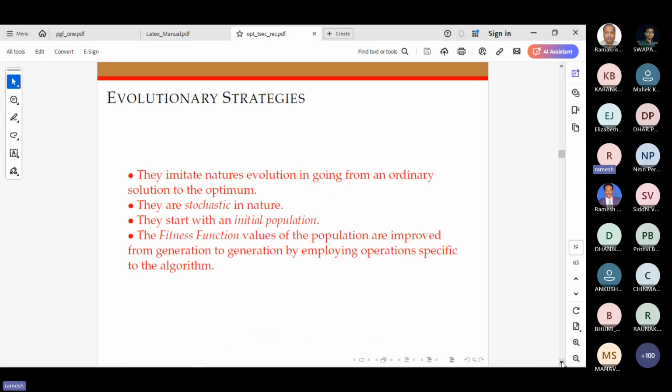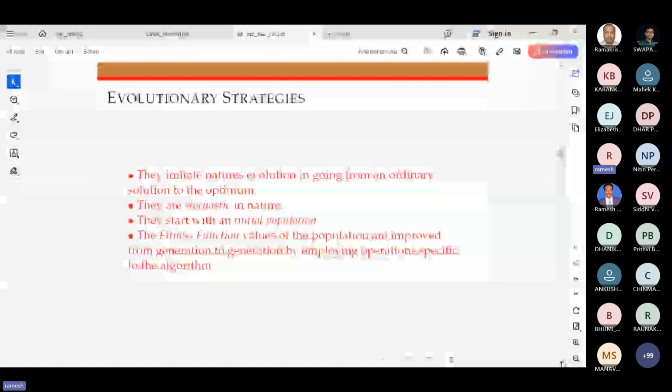They imitate natural evolution in going from an ordinary solution to the optimum. They are stochastic, based on probability, because nature also uses trial and error. Some combination of genes will give rise to a particular offspring which probably has the best features, so it will be able to survive better in nature.